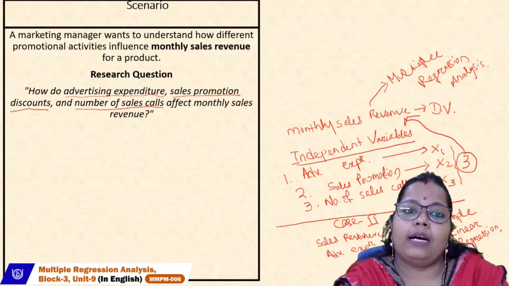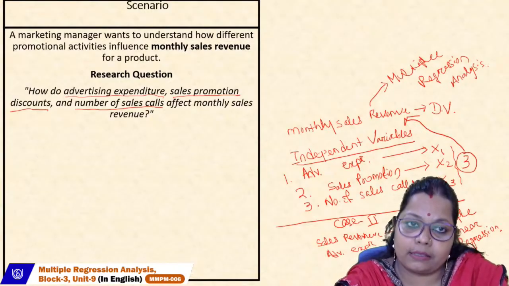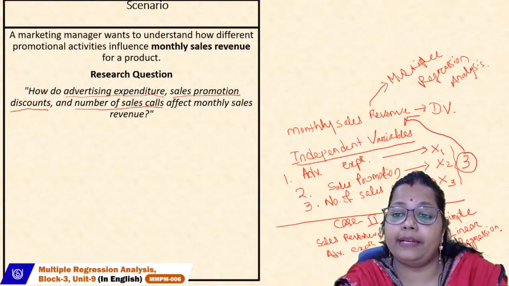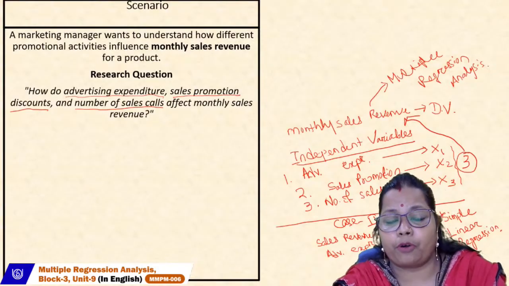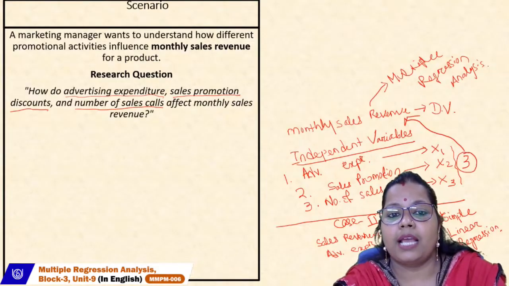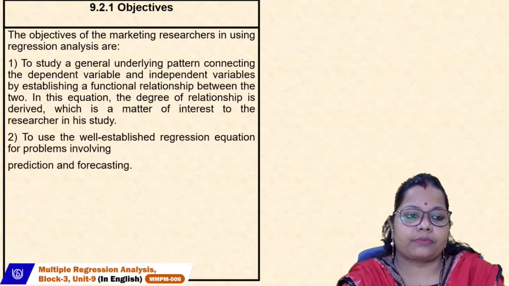So this is how a research question is derived from the research scenario, and this is how we identify the research problem from the scenario, which is clearly mentioned in the research questions, followed by the research hypothesis.